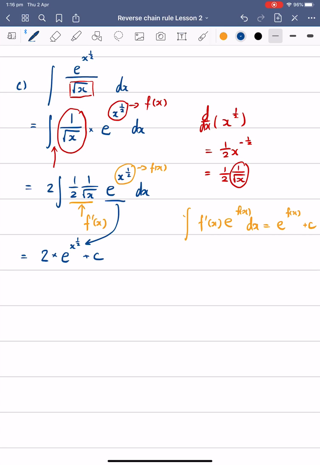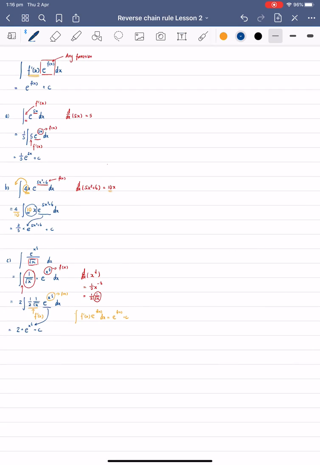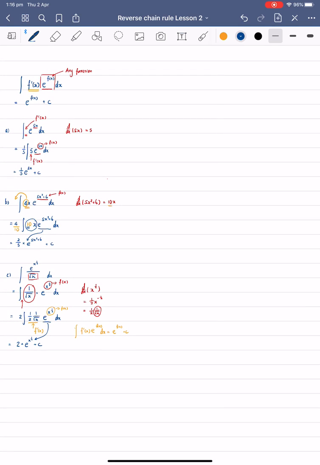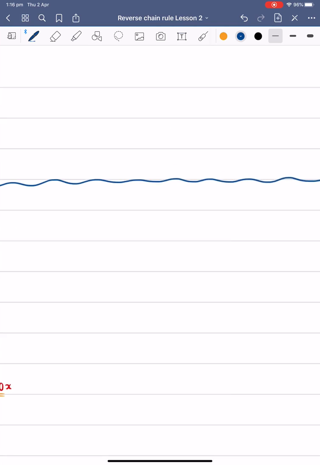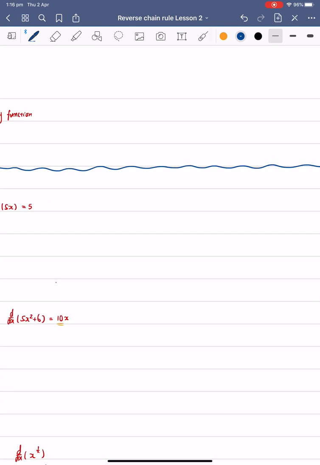So this is just an example of a reverse chain rule being used in an exponential function. We can also have a reverse chain rule done using a logarithm. So let's move on to the logarithm then. For the reverse chain rule in terms of logarithm, firstly let me just give you the formula here.